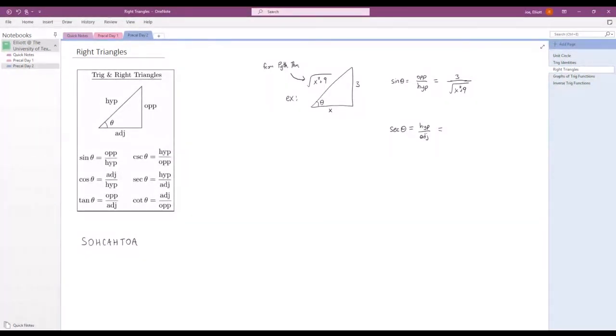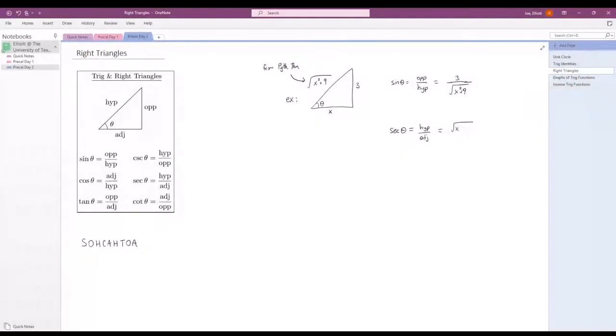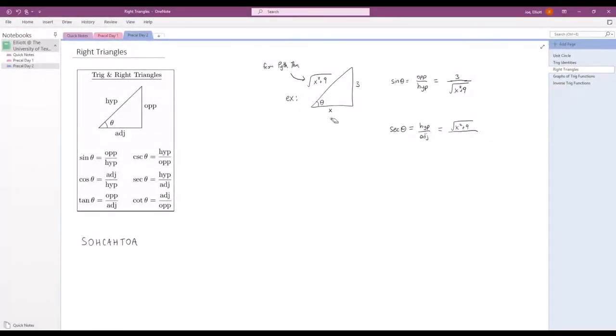Here we know the hypotenuse is square root of x squared plus 9, and the adjacent was x. So secant theta, an expression for it, would be square root of x squared plus 9 over x, based off this right triangle that we have.